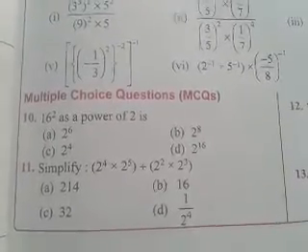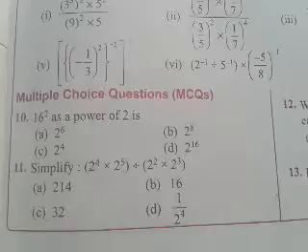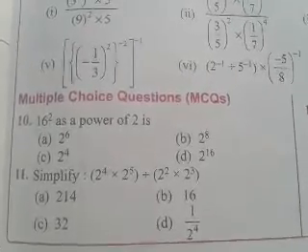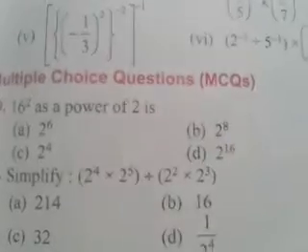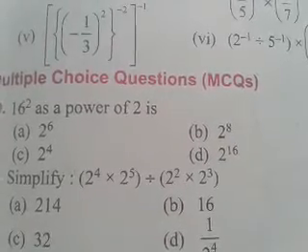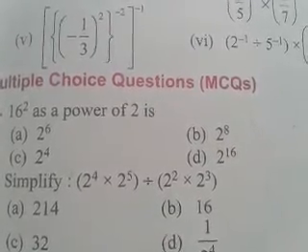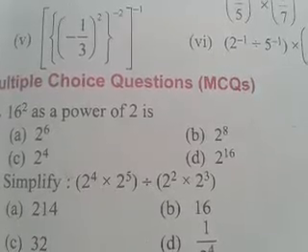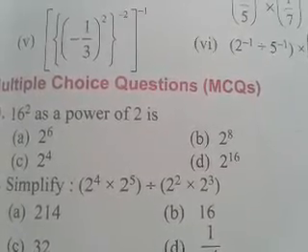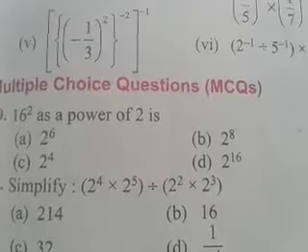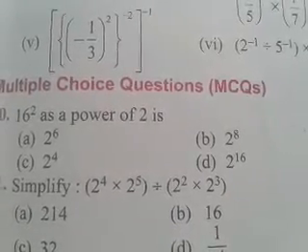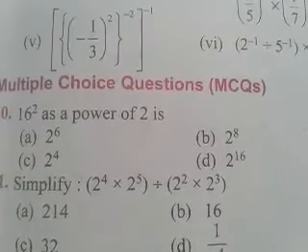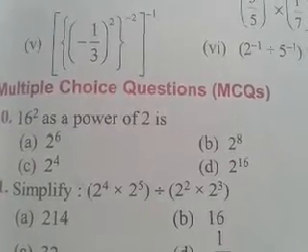Option A is 2 raised to the power 6, option B is 2 raised to the power 8, option C is 2 raised to the power 4, option D 2 raised to the power 16. Let us solve this question and find the answer.